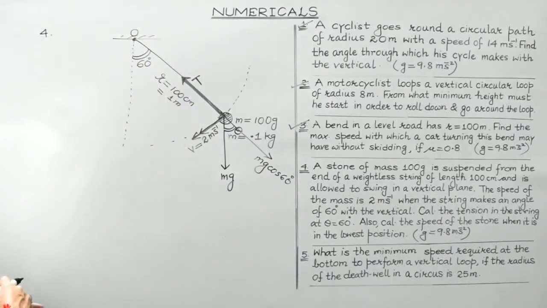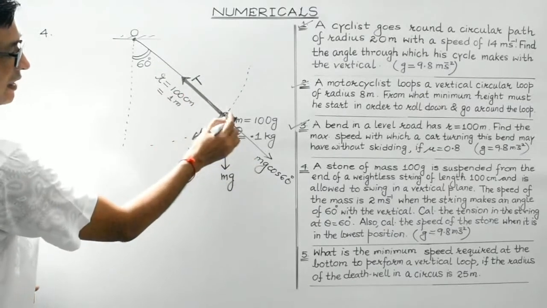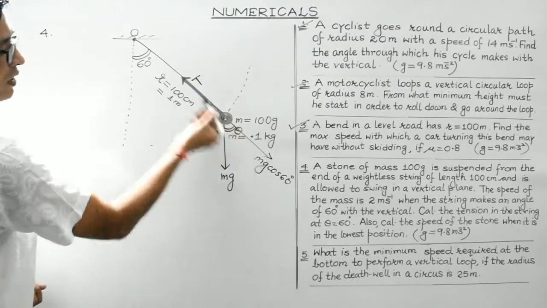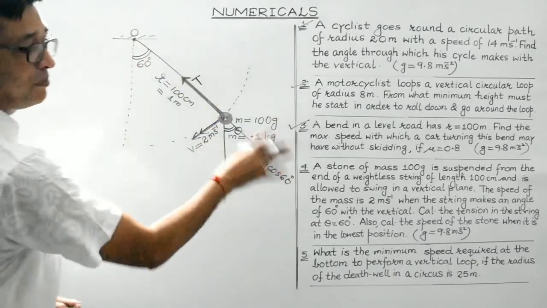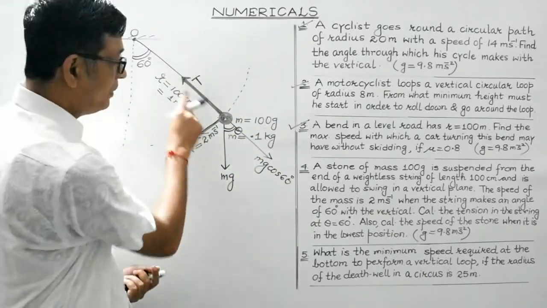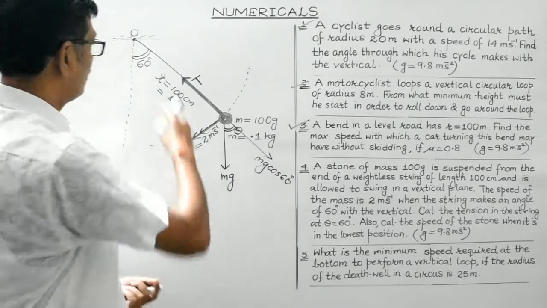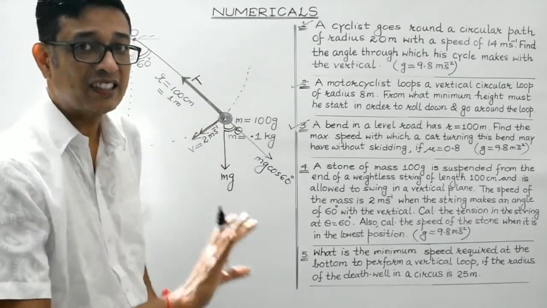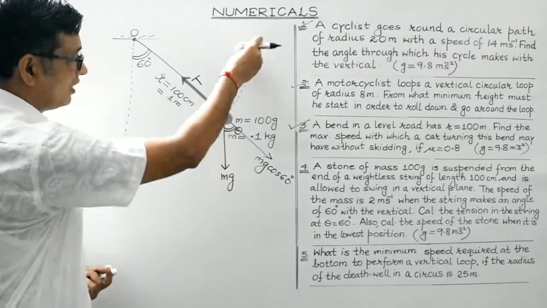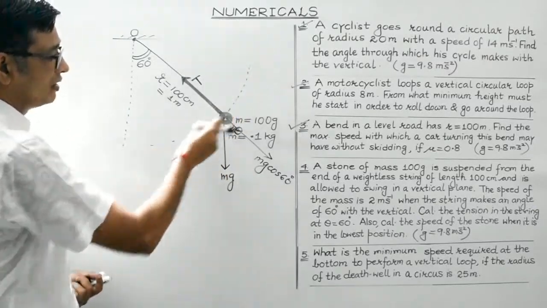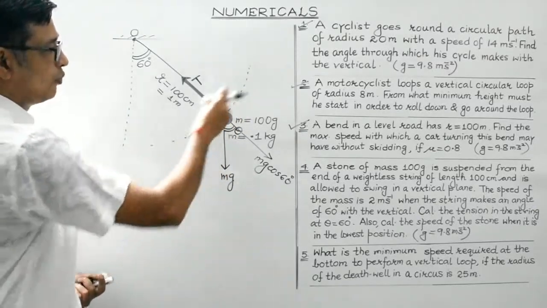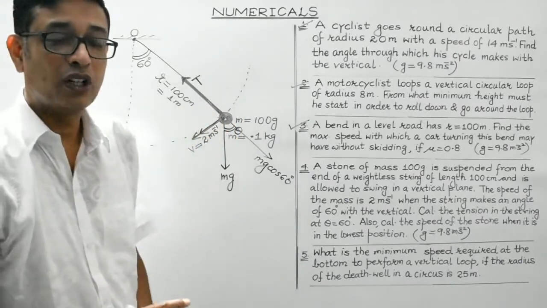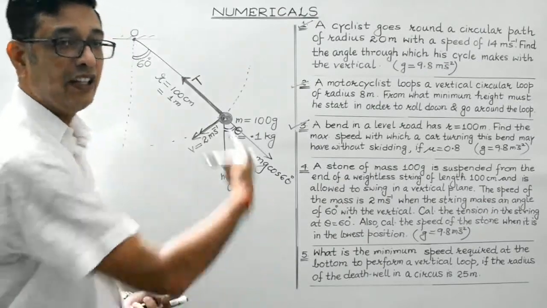Now the net force acting on this body in the radially inward direction would be T minus mg cos 60. T must be greater than mg cos 60 because the string always remains taut. It doesn't slacken. So the body is executing a vertical circular loop, and this is a portion of a circular loop, isn't it? So it means that the net force on the body must be acting in the radially inward direction.